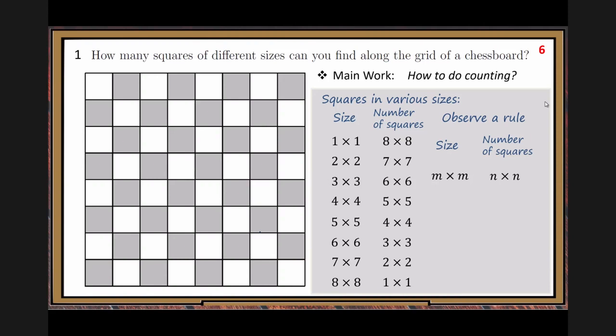Don't worry about the square. Forget about the square. Just we want to know the relation between the m value and n value. What's the specific relationship between m and n? You can see the data. As the size increases, the number of squares decreases. Give me the relation directly. Do not use words, sentences. Just give me the formula.